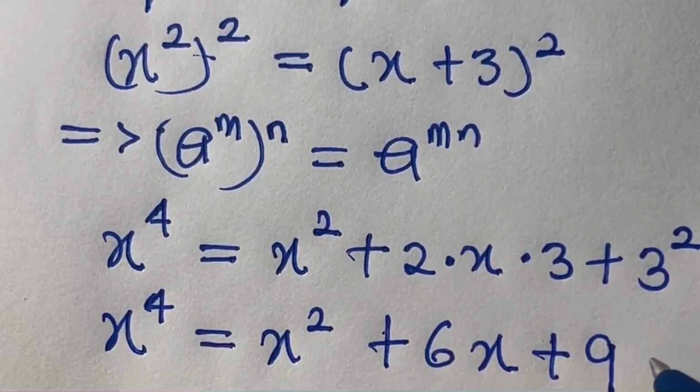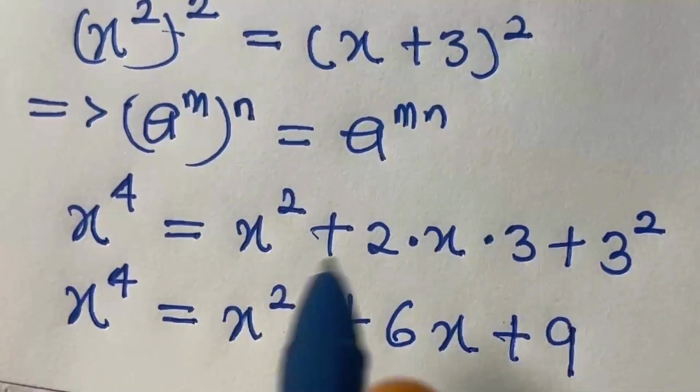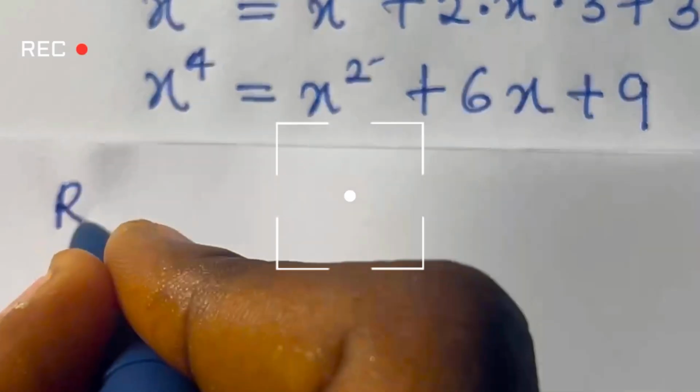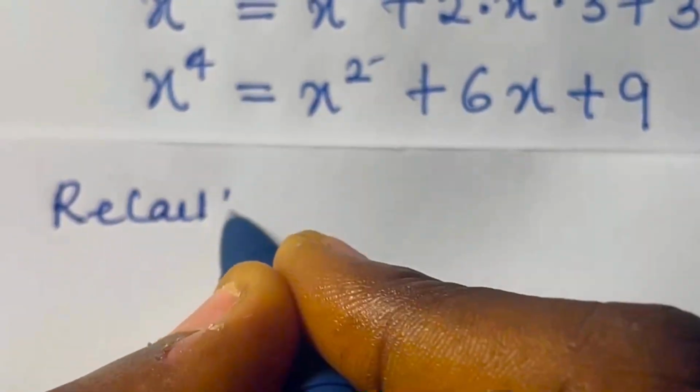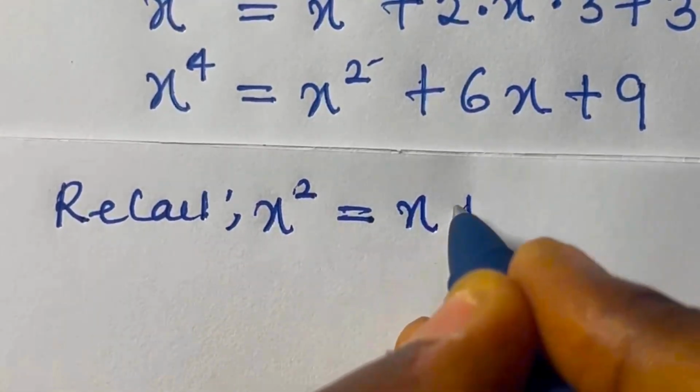All right. So we have this equation, but let's recall that x squared is our equation star, which equals x plus 3. So now let's substitute equation star into this. Recall that x squared equals x plus 3.